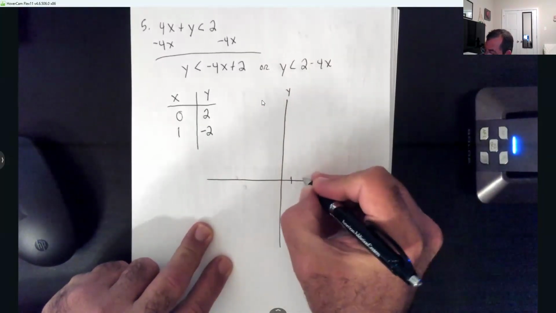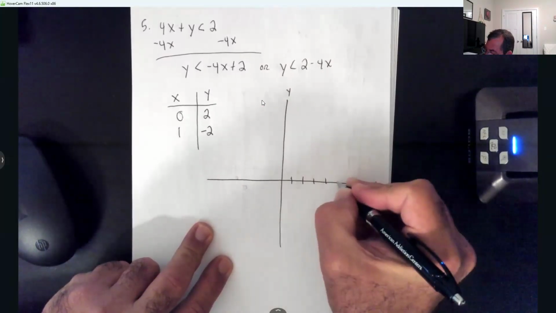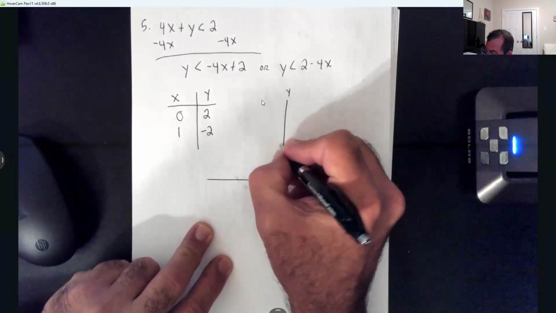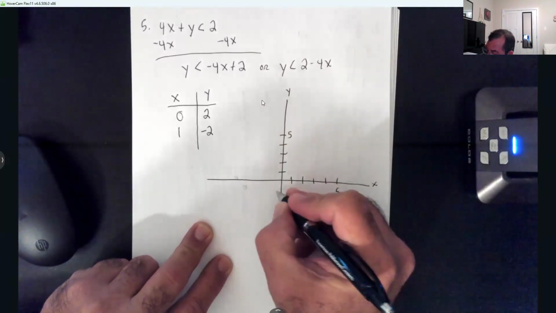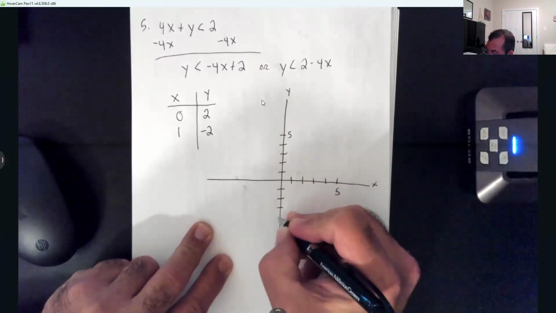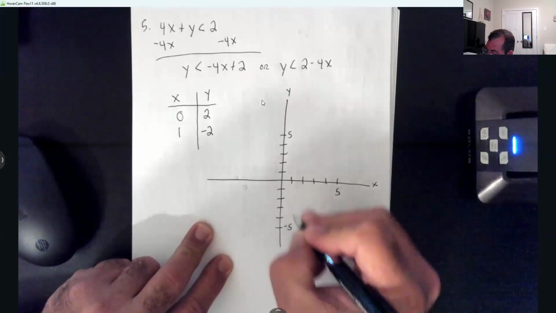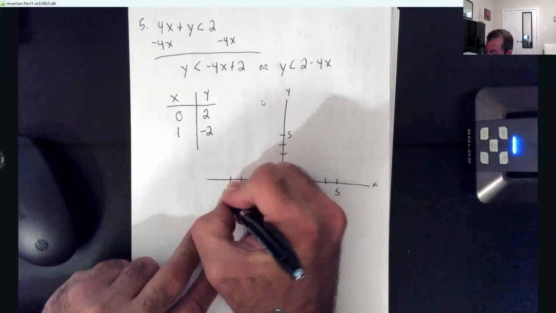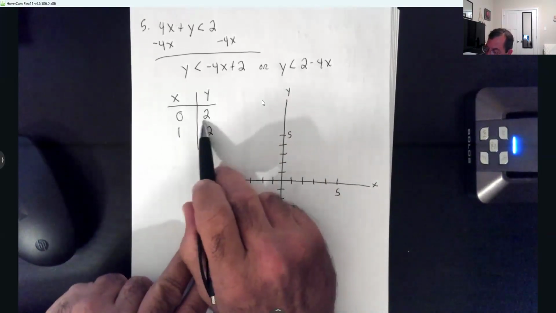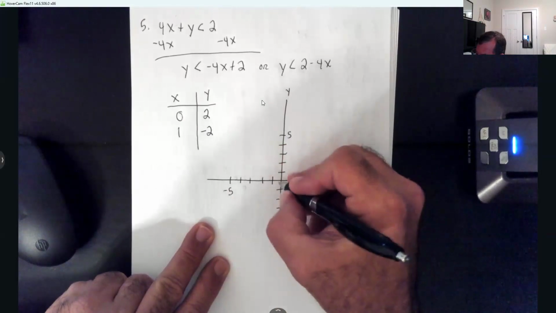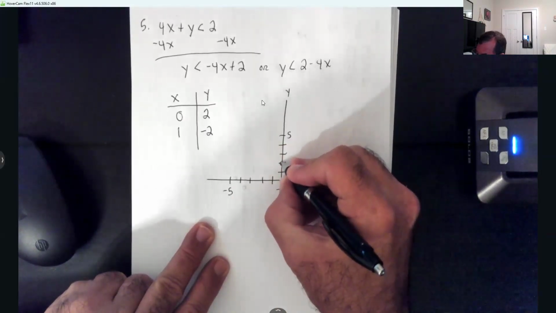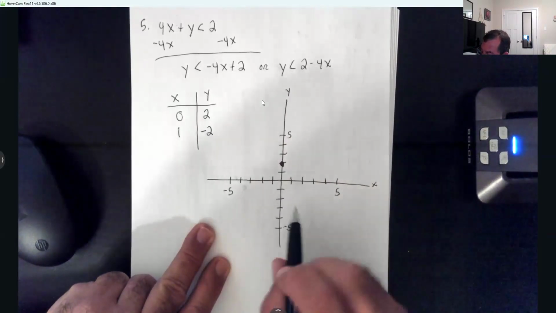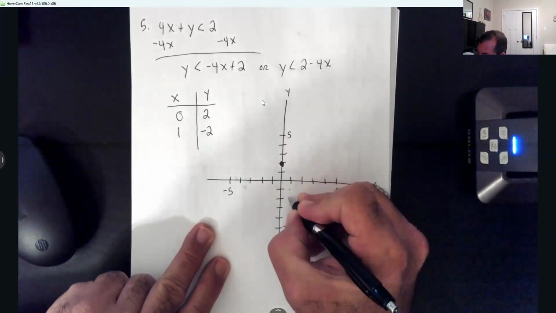So y'all, I'm just going to go out 5 again. All right, so 0, 2 will be 0 on the x and up 2 on the y. 1, negative 2 will be 1 on the x and down 2 on the y.